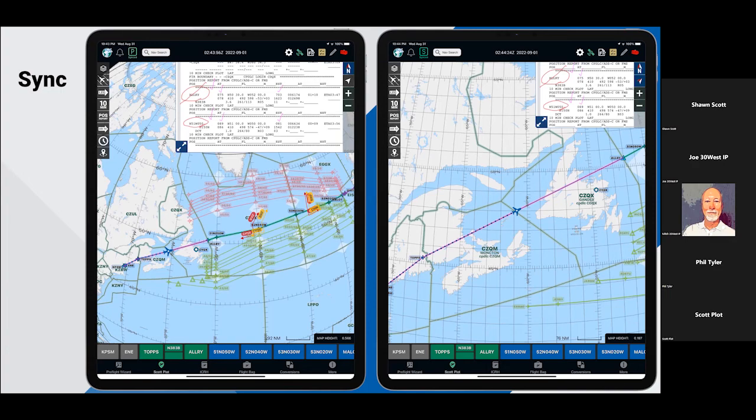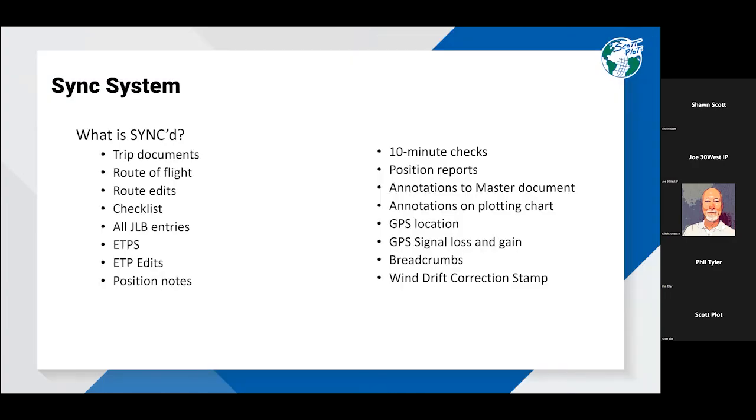In flight, whether it's the primary or the secondary, the following items are synced automatically: your trip documents, your route of flight, your route edit, your checklists, all your journey logbook entries, your ETPs, your ETP edits, your position notes, your 10-minute checks, your position reports, any annotations on the master document or the plotting chart, your current GPS position, your GPS loss and gain timestamps, your position breadcrumbs, and your wind drift correction. All of this information is synced instantaneously over to the secondary iPad.